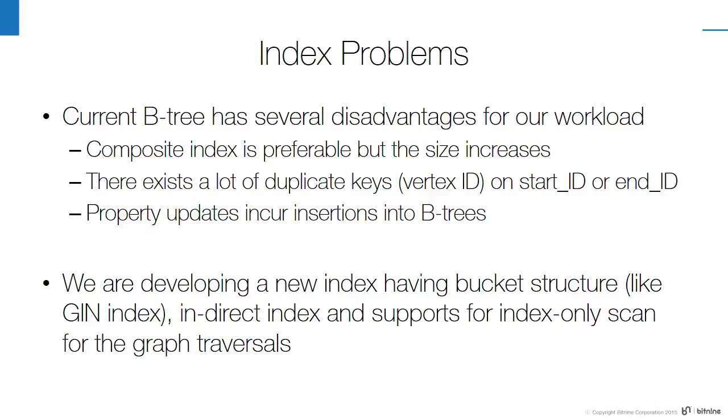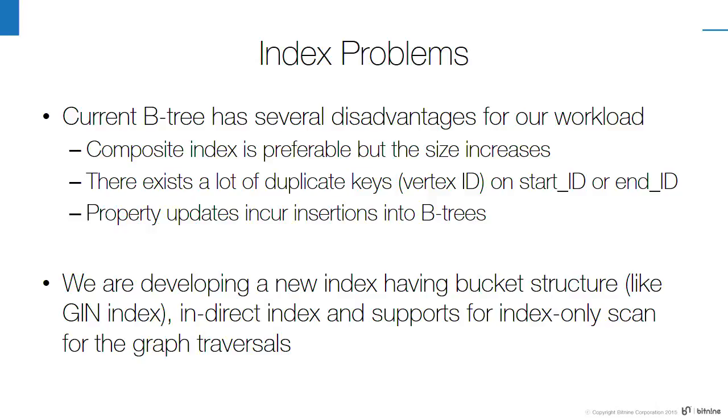But the current storage layout has several issues. First, we found serious size problems. It is mainly because we made composite indexes for edge tables. If we made indexes for a single column, start or end, we could reduce the index size.